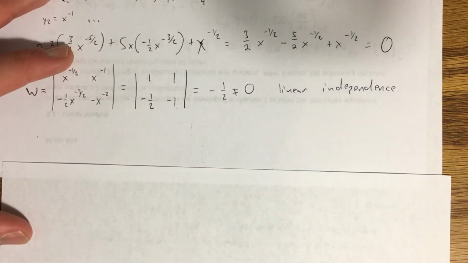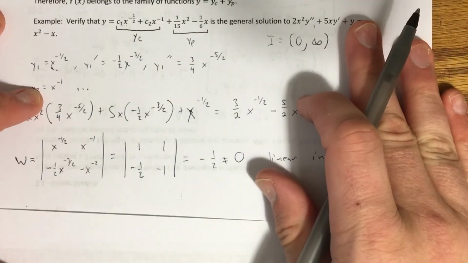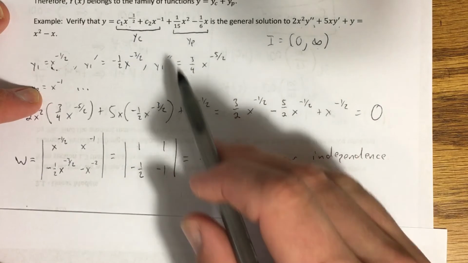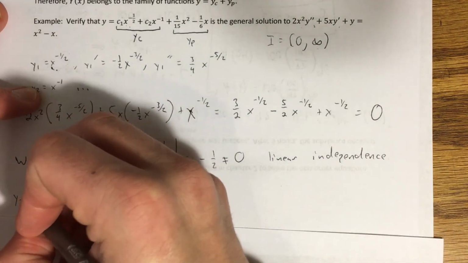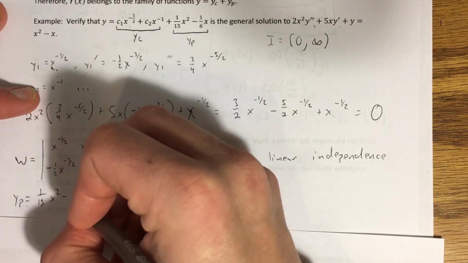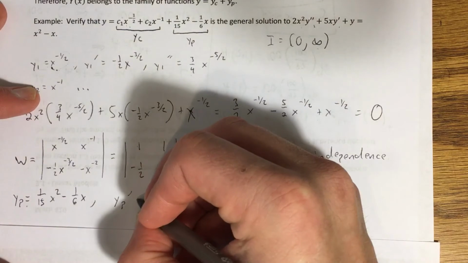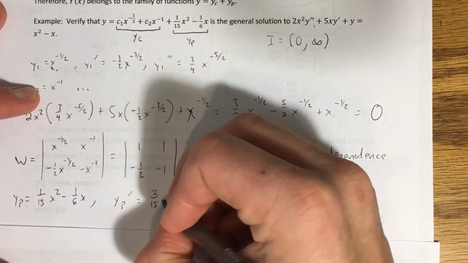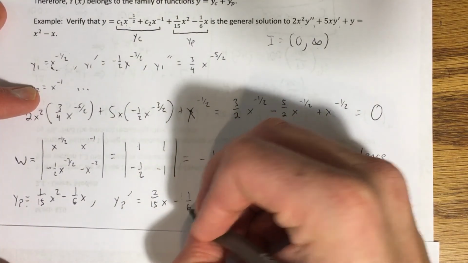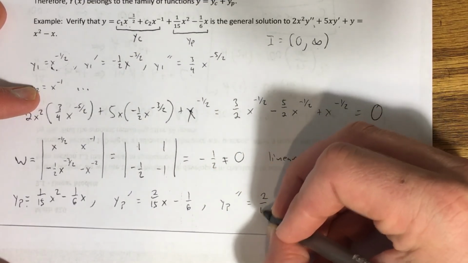Okay, so if I set yp equal to 1/15 x squared minus 1/6 x, then the derivative of that will equal 2/15 x minus 1/6, and the second derivative is going to equal just 2/15.